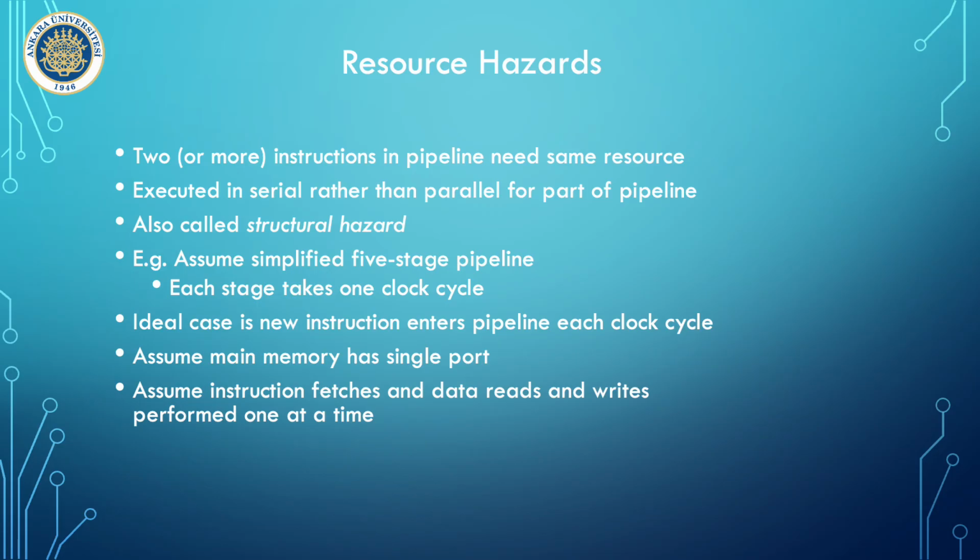In a 5-stage pipeline, each stage ideally takes one clock cycle and we would like to start a new instruction every cycle. But with a single memory port, either the fetch stage or the memory stage must wait. This creates a stall and reduces the effective throughput.